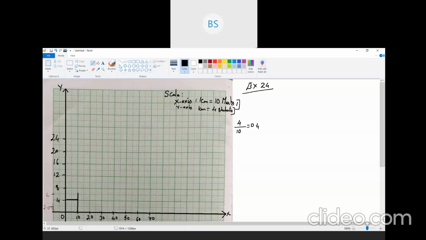Then we want the value 7. So after 6, the first line will be 6.4, second will be 6.8 and third will be 7.2. So the line will be somewhere between the 7th and 8th line.